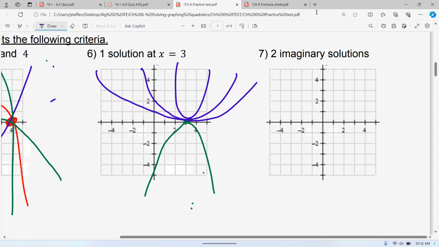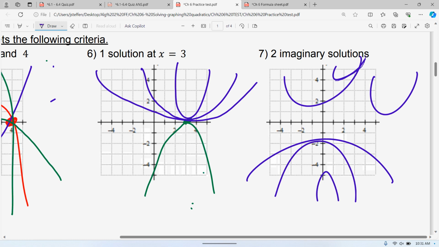And then there are ones that just don't touch the x-axis at all. So one like this, or like this, or like this. Some of those I got carried away. This one for sure, that's not the right answer. But there are a lot of options as long as they don't cross your x-axis. All these go on forever.